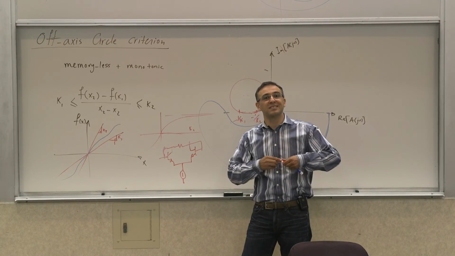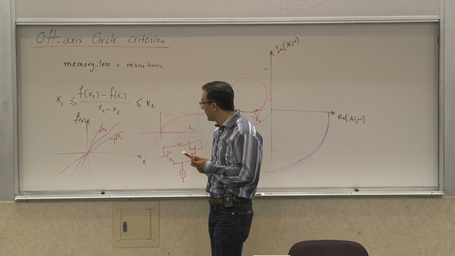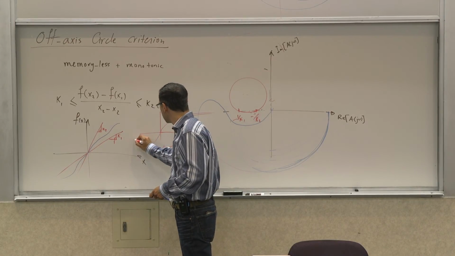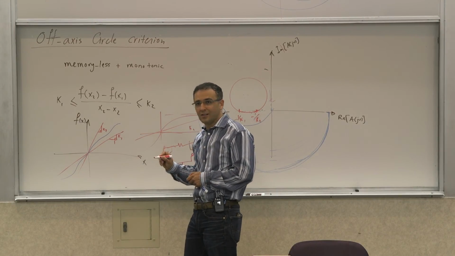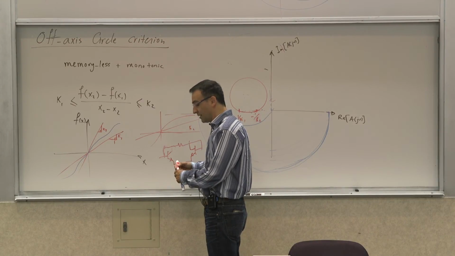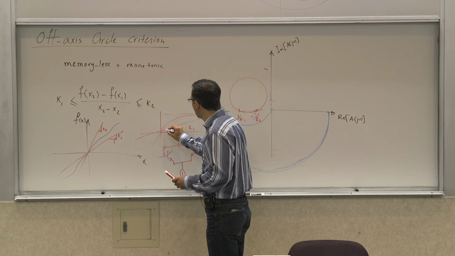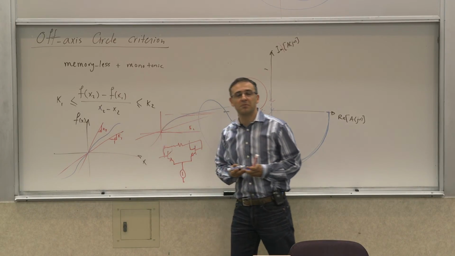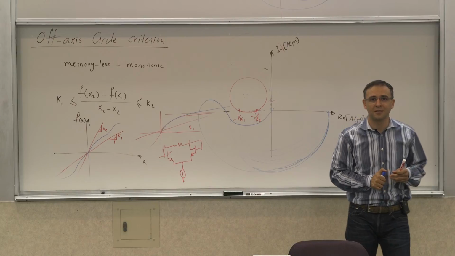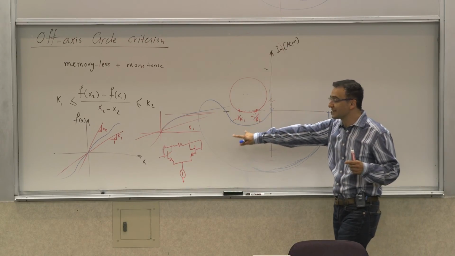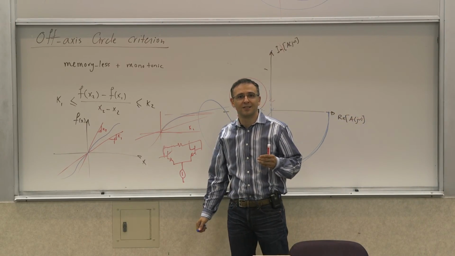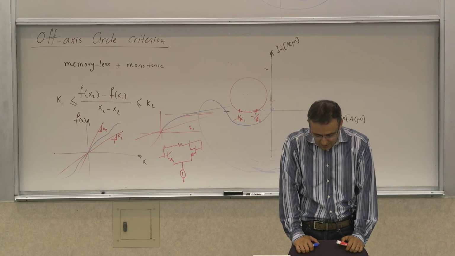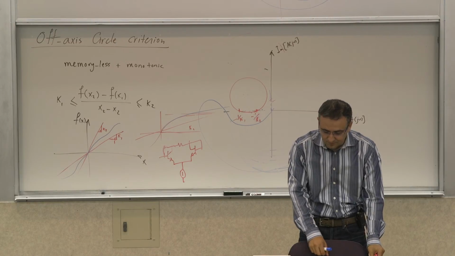If you add a resistor to this network, then the total current would be the sum of this and the current of a very small resistor. So this line never saturates at 1. This line will be like this. That guarantees a K1 that's greater than 0, and that allows you to create a circle and stabilize the system in a nonlinear setting and guarantee stability. So that's an example of a design insight that comes from something like that.